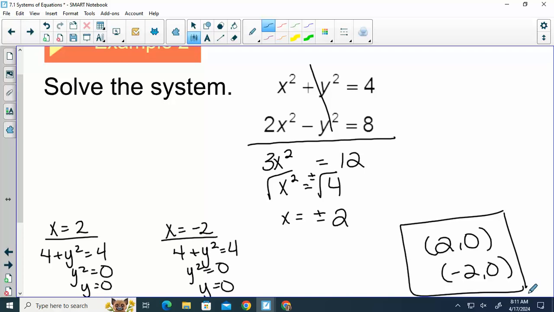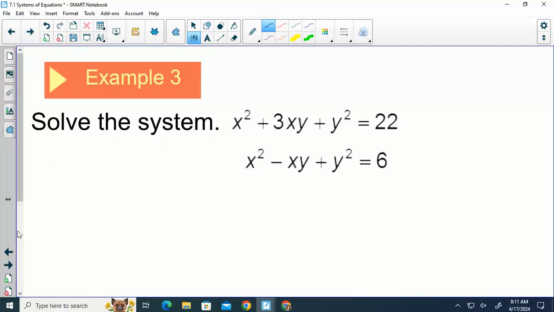All right, let's do some more challenging ones. It's a bumpy circle.